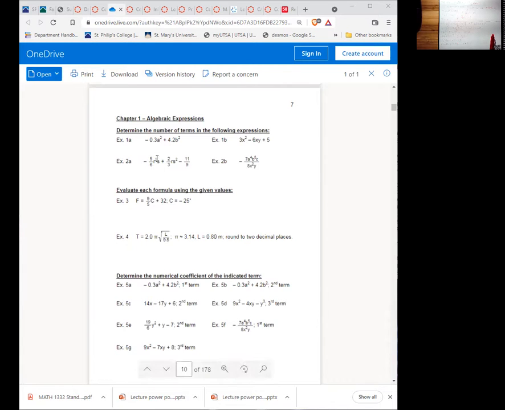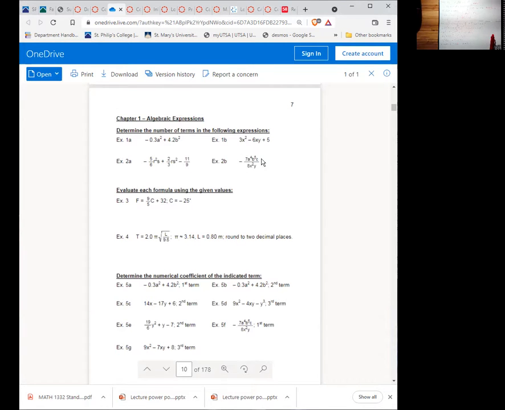It's an expression that's separated by a plus or a minus. So this right here is one term. This is one term. This is another term here. So 1, 2, 3.